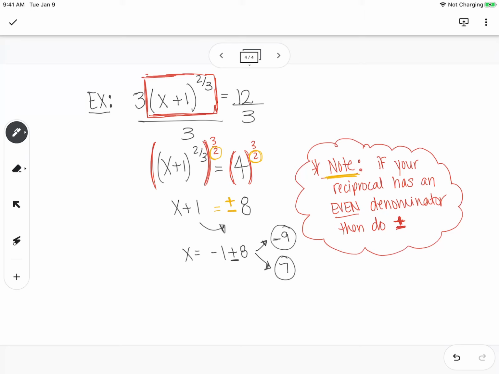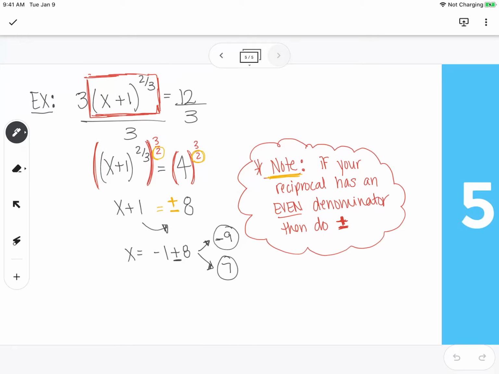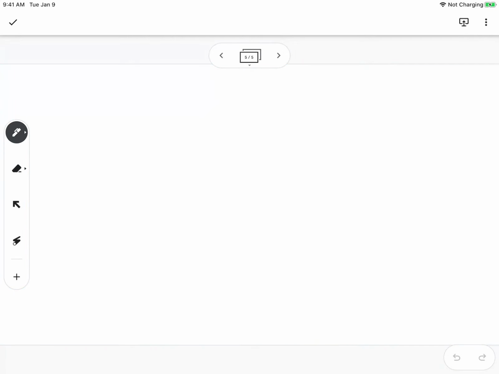All right, now let's do one more example, because I know y'all love examples. This one's going to be 2 times the 5th root of x plus 150, to the 3rd power, minus 30 equals 24.